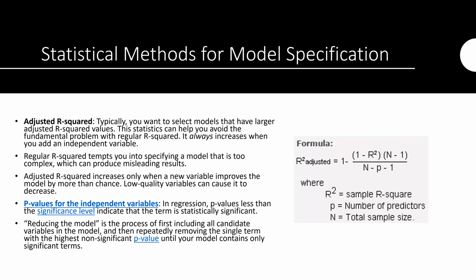In other words, it penalizes any random addition of independent variables to make sure that your model is the best fit model. All right. So this is an important criteria in your multiple regression. When you build your model, this is how you select the best fit model.